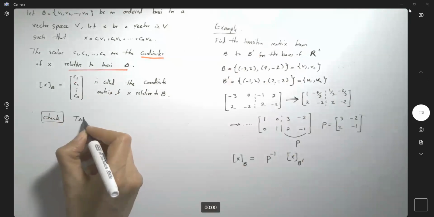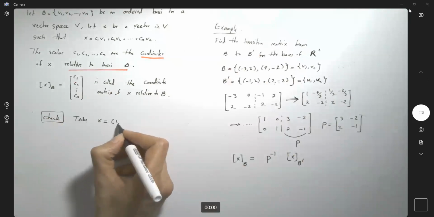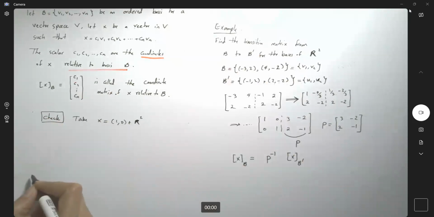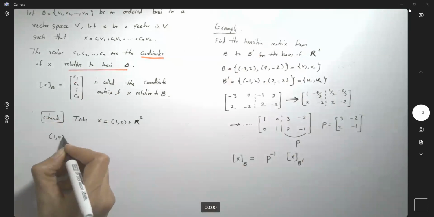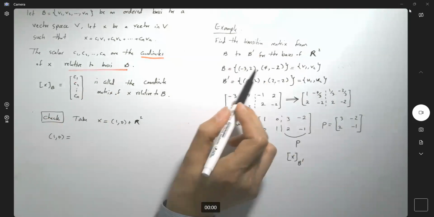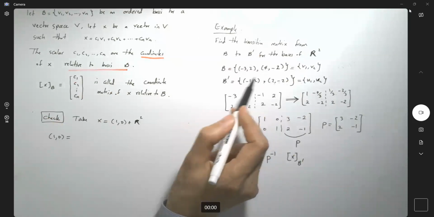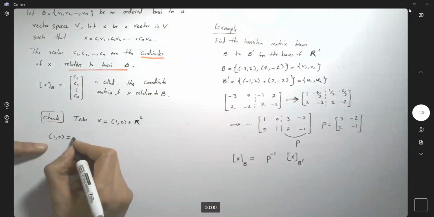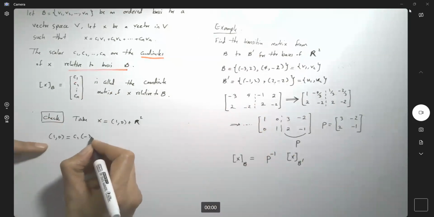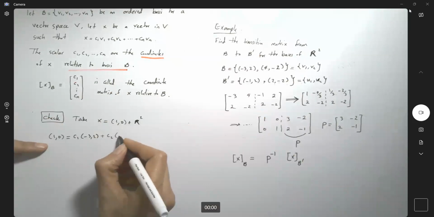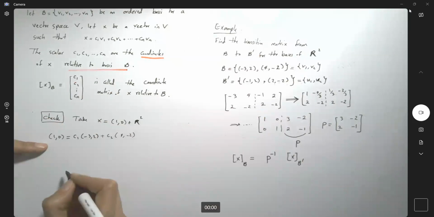Take a vector x, (1, 0), in the plane. (1, 0) can be written as a combination of elements in B and also B prime. (1, 0) is equal to c1 (-3, 2) plus c2 (4, -2).